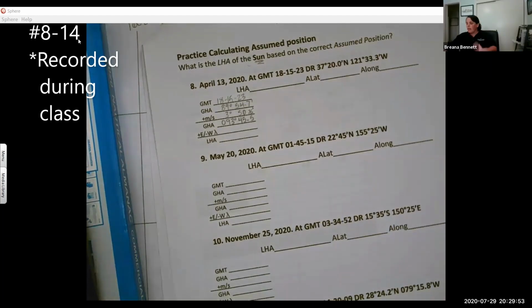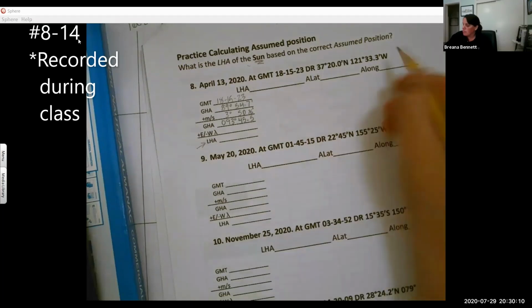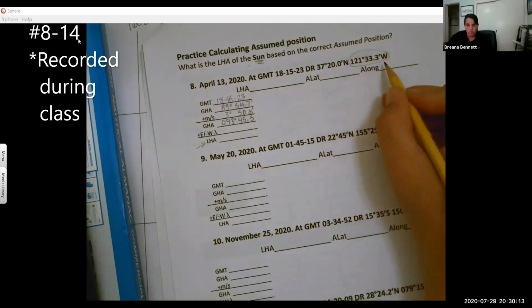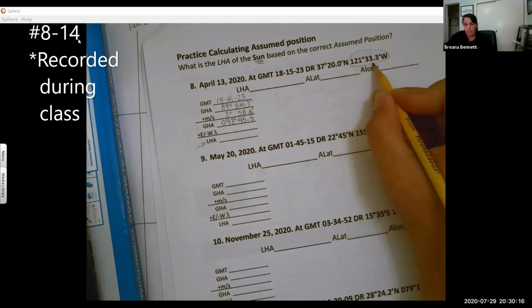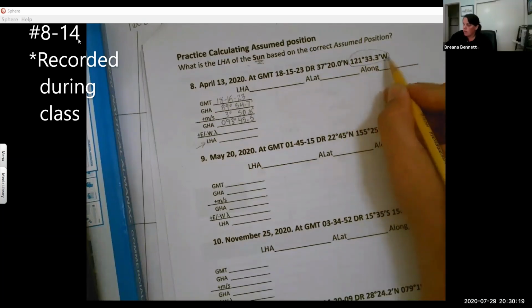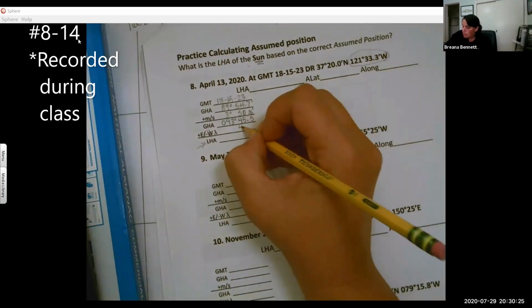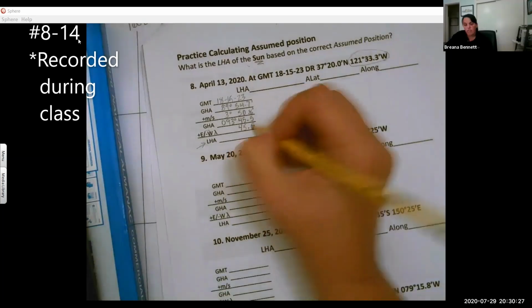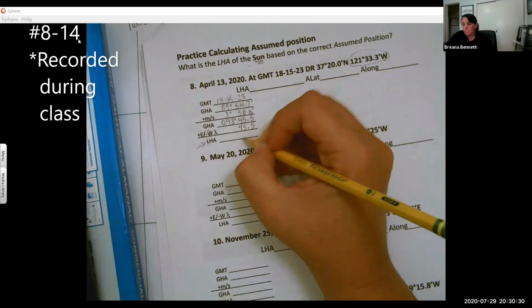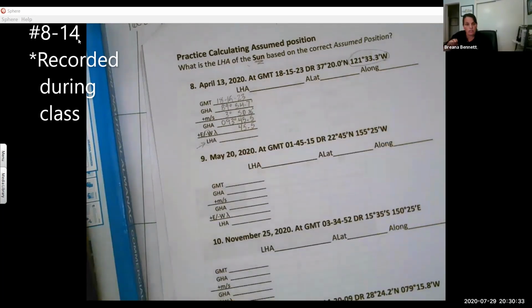All right, so now I need to get what my assumed longitude is. So my goal here is to have my LHA as a whole degree, so I don't have to do that triple interpolation. This is my DR longitude, 121.33 west. So if I'm west, I'm going to be subtracting. So to get it to a whole number, I have to subtract 45.5 minutes to get my LHA to a whole degree.